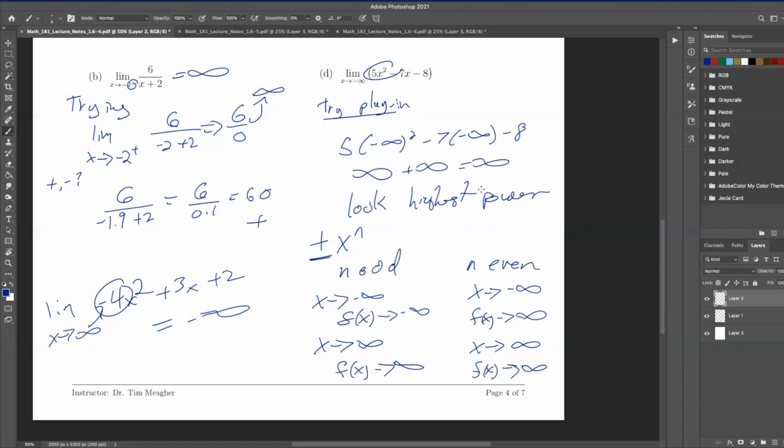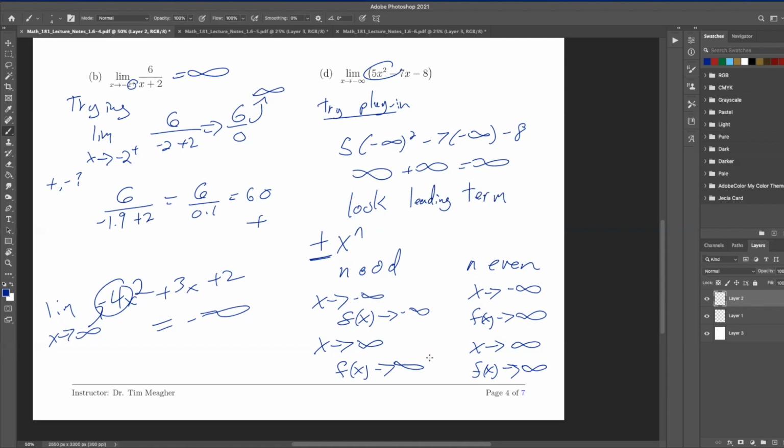Look for the highest power, or basically, look for the leading term of your polynomial. If your power is odd, you have these. If n is even and positive, it's these. If it's negative, swap the signs.